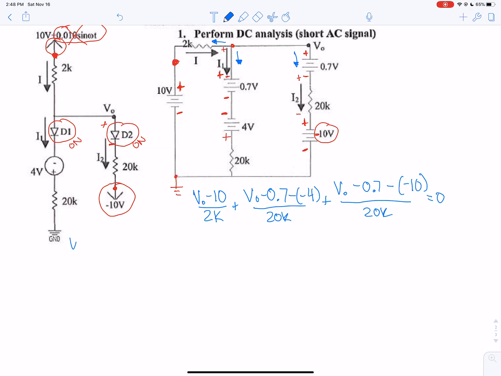We can combine these with all of the same terms: 1 over 2K, 1 over 20K, plus 1 over 20K. And then the other terms go to the other side. The minus and minus becomes a plus, and then you take it over to the other side, that becomes a minus. And this minus minus becomes a plus, and again it becomes a minus on the other side.